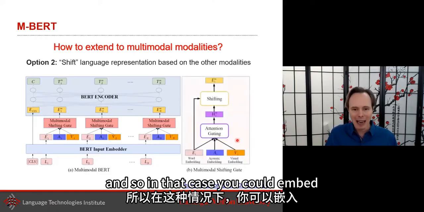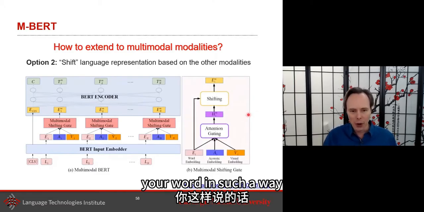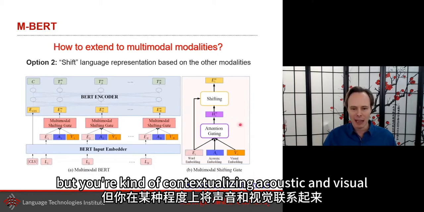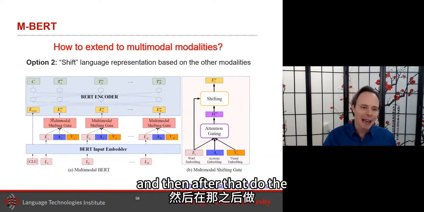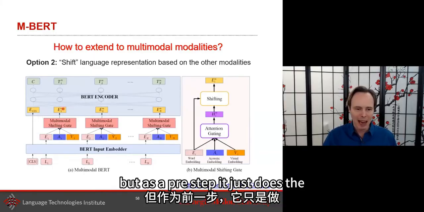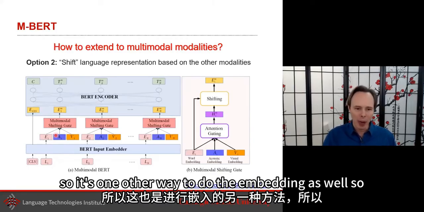In that case, you could embed your words in such a way that the word is the most important, but you're contextualizing acoustic and visual. And then after that, do the multimodal self-attention like BERT. As a pre-step, it's one other way to do the embedding as well.